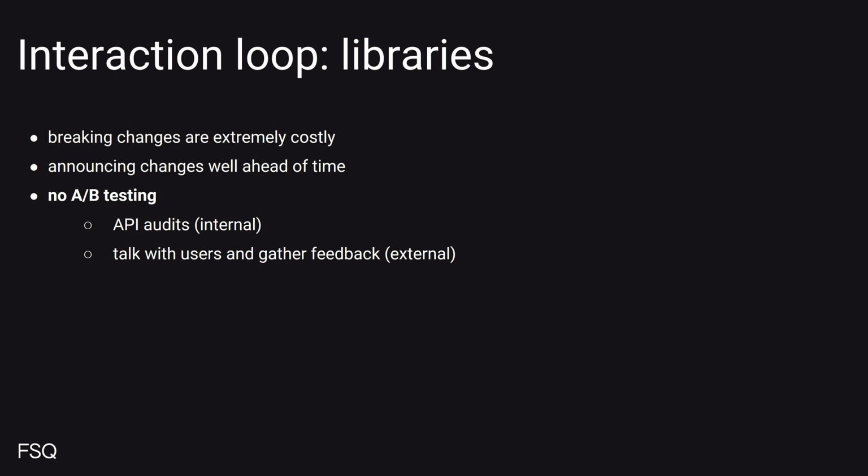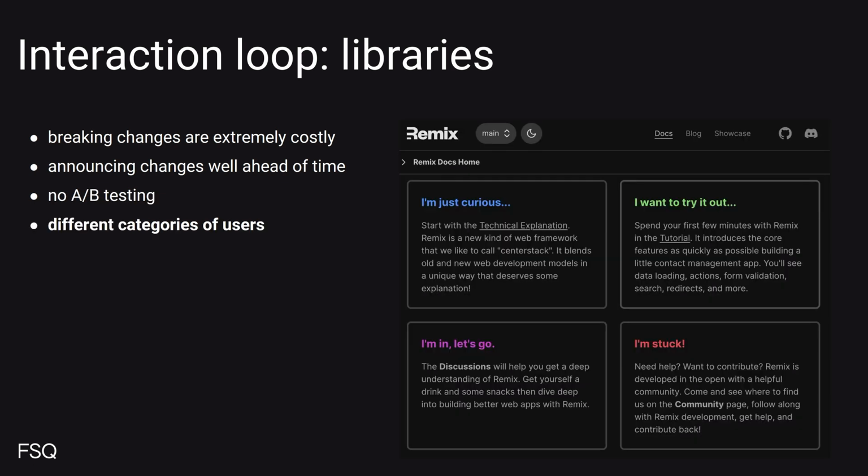But we also talk with our users and try to get that feedback. And combining this with the approach of using future modules or future flags, where you give users the option to opt in to newer versions as soon as possible and also gather feedback, becomes a very useful feedback loop that allows both you and your users to iterate as quickly as possible, but still a bit slower than when working on apps.